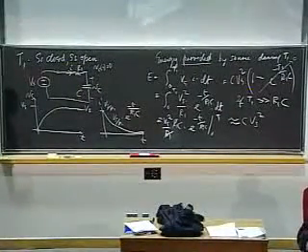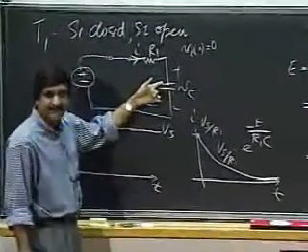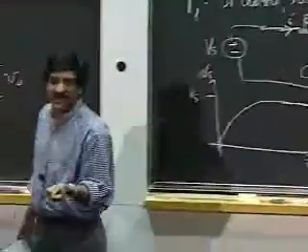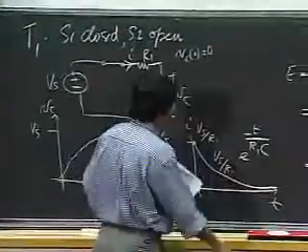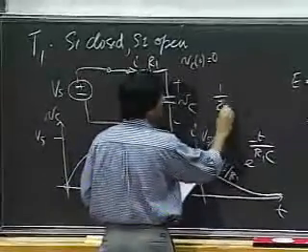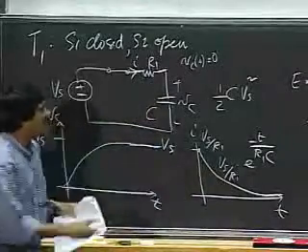So let me pose the following conundrum here. If the voltage across the capacitor is Vs, we know the energy stored in the capacitor is half C V squared. So the energy in the capacitor is half C Vs squared at the end of the day.